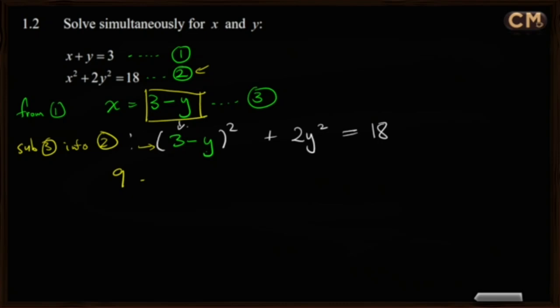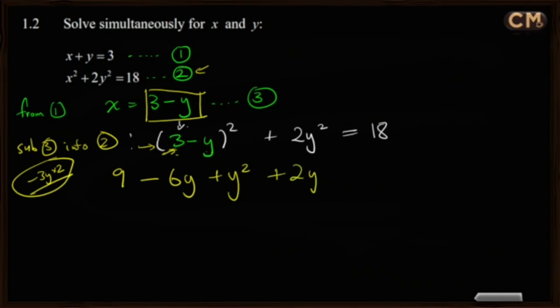That's going to be 9 minus, well, 3 times minus y is minus 3y, and then multiplying that by 2 means we get minus 6y, and then of course plus y squared. Again, first term squared, for the second term, front times back times 2, and then for the back we have the back part squared, and that's all plus 2y squared.